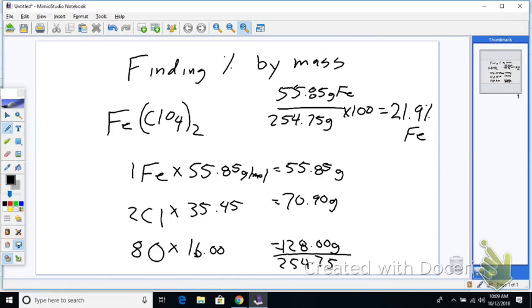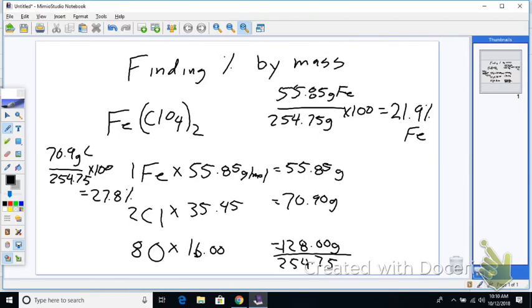So we're going to do the same for chlorine. Kind of running out of room, so I'm just going to do these at different places. So we got 70.9 grams of chlorine divided by 254.75 times 100. And so for chlorine we get 27.8%.